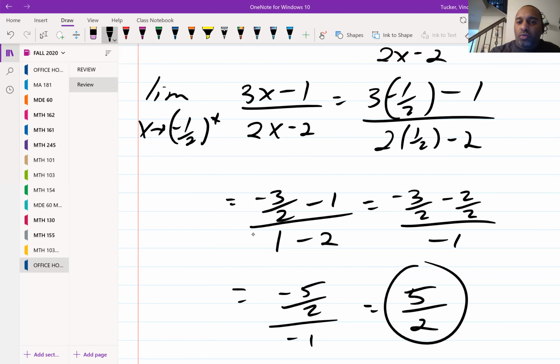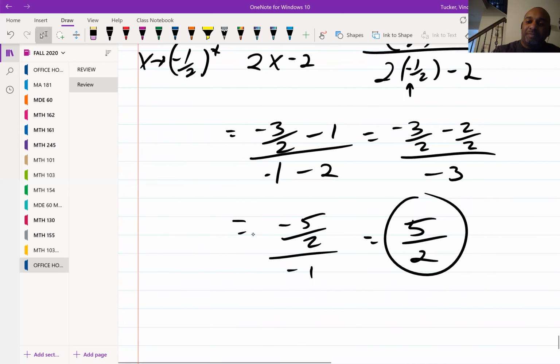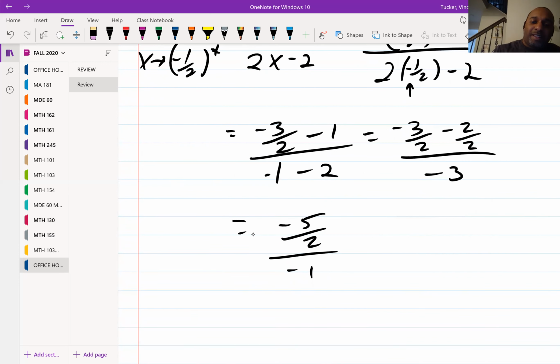All right. I left off a negative. Make sure y'all hold on to those negatives. See, nobody told me, nobody warned me. Somebody's supposed to say something. So that should be a -1 right here. So it's -1 minus 2. And so that should be -3. So -5 over 2 times -1 over 3.